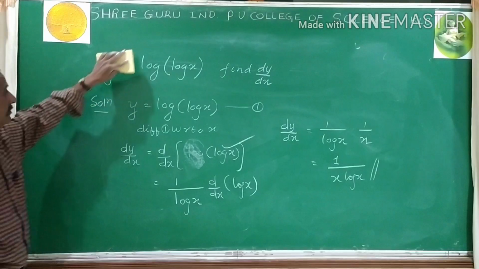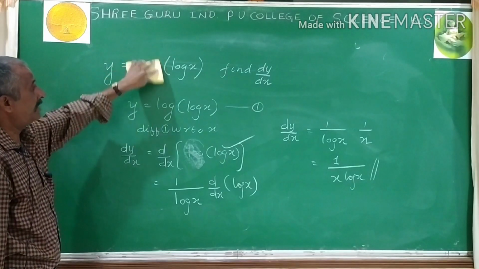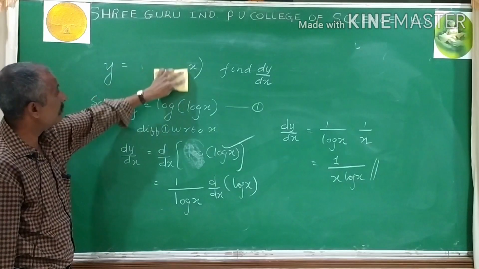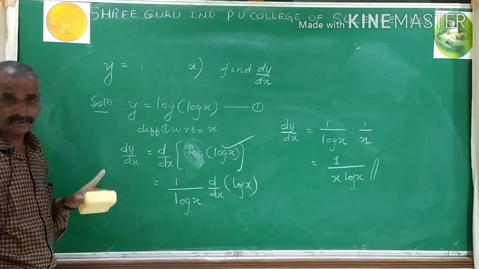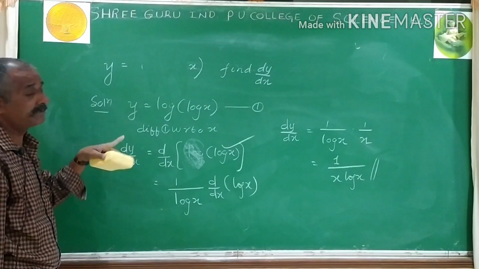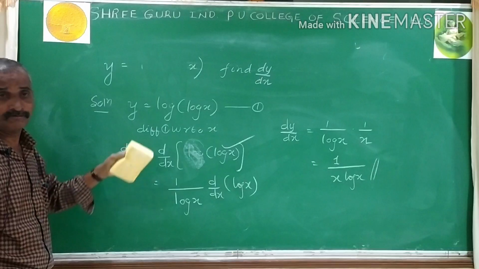If we didn't have this log, then our answer would have been only 1 by x. If we don't have one more log, our answer is just that. Try to understand the difference between a simple function and a composite function.